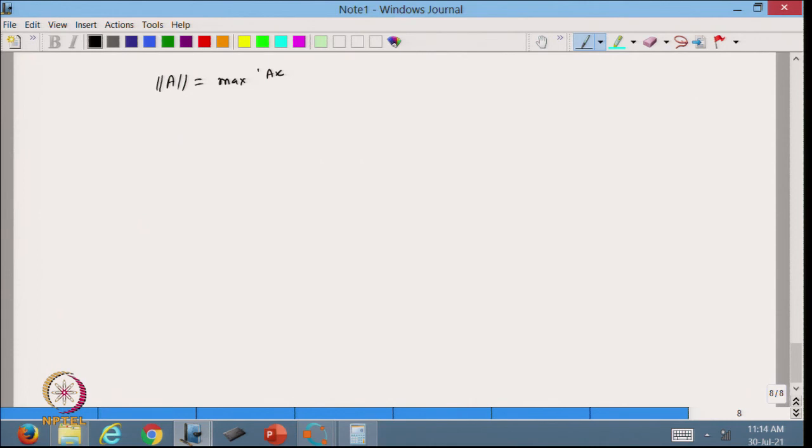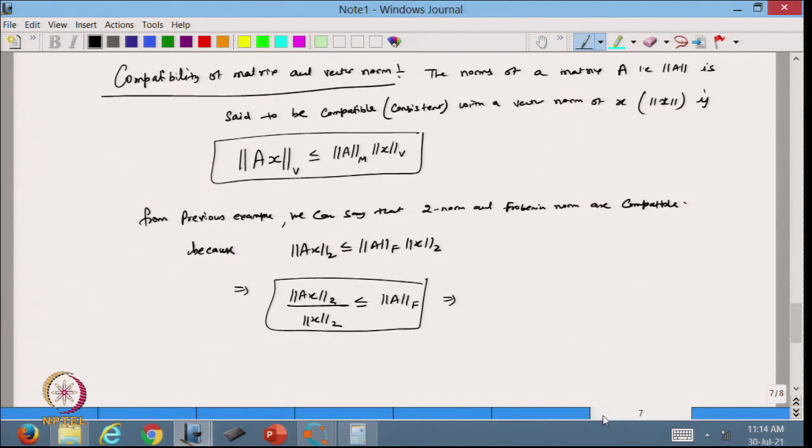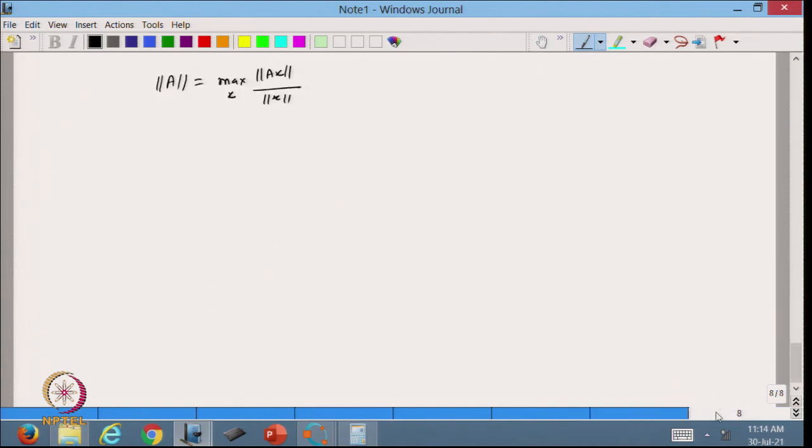So I am taking Ax over x and taking the maximum over all the x. From here I can define this norm.